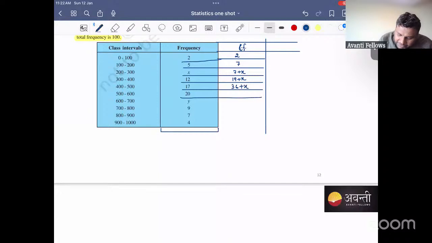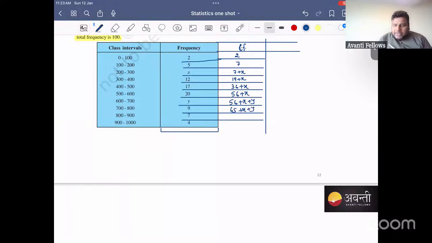Then add 20, 56 plus x. Then add y, so it will be 56 plus x plus y. Then add 9: 65 plus x plus y. Then add 7: 72 plus x plus y. And finally you add 4, so you get 76 plus x plus y.